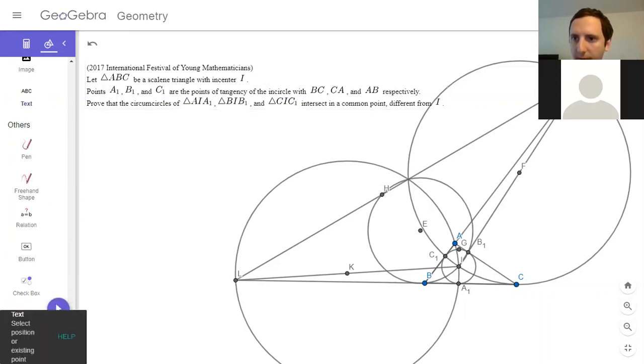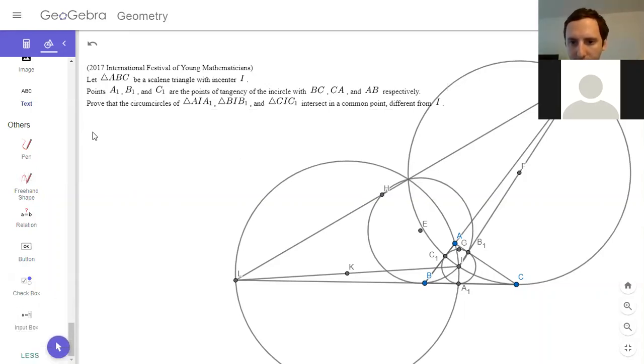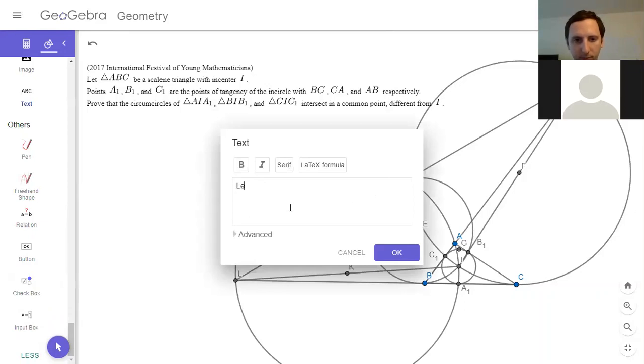So let IL and IJ be diameters of... all right.